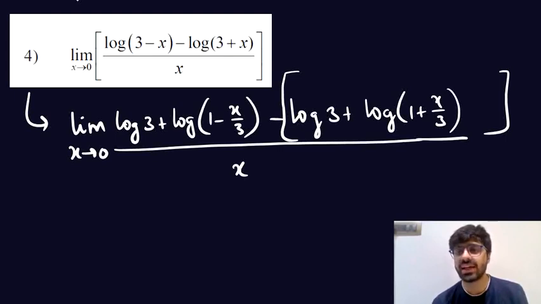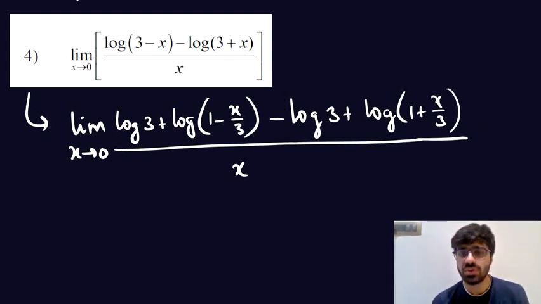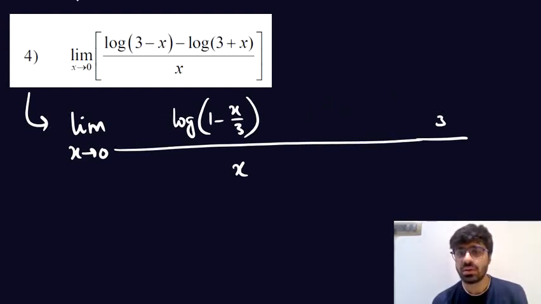If you open up the bracket here, this term will be minus log 3 and this term will be minus log of 1 plus x upon 3. Now log 3 minus log 3 gets cancelled. So if you eliminate that log 3, you are finally left with log of 1 minus x upon 3 minus log of 1 plus x upon 3, and with that we split the denominator also.